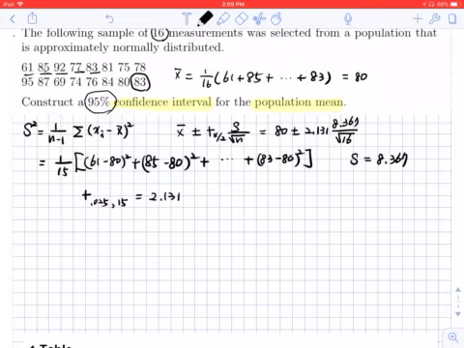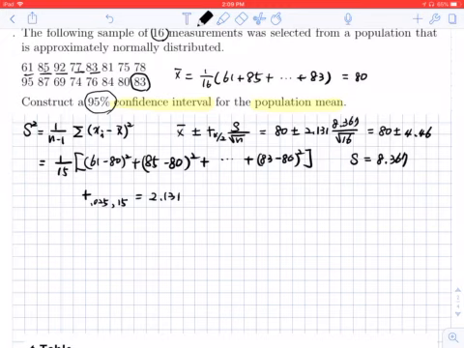You need to calculate the right-hand side, and when you use the calculator, you can get 4.457, which is 4.46. We round up the third digit. So our confidence interval is 80 minus 4.46 to 80 plus 4.46.